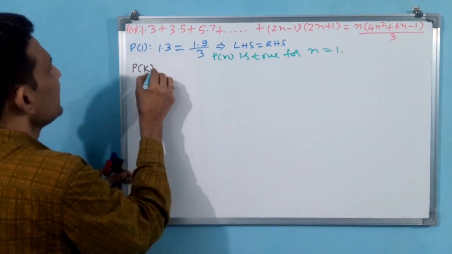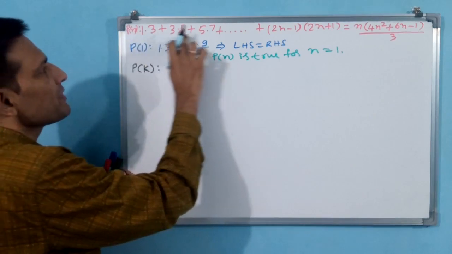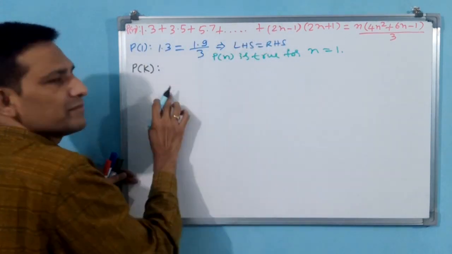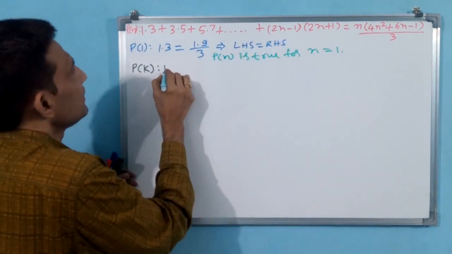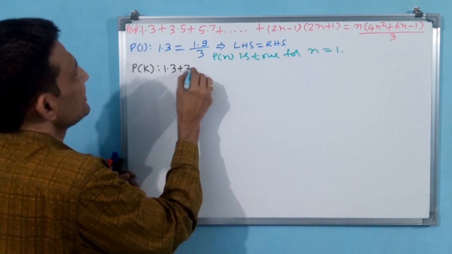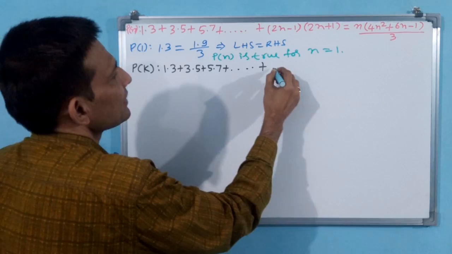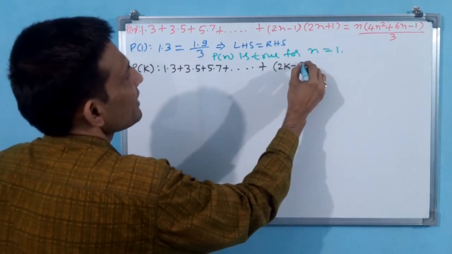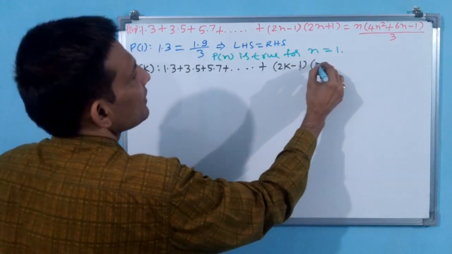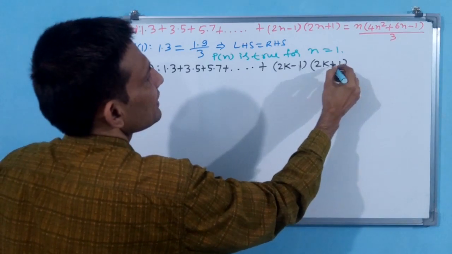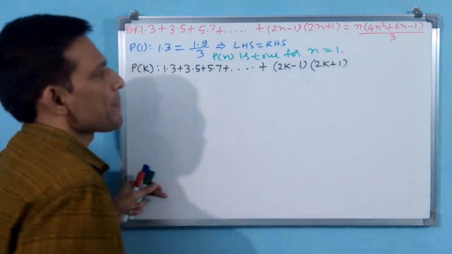P of k colon. You simply copy this, replace n with k. That's all. 1 into 3 plus 3 into 5 plus 5 into 7 plus 2 into k minus 1, 2k plus 1. Okay.